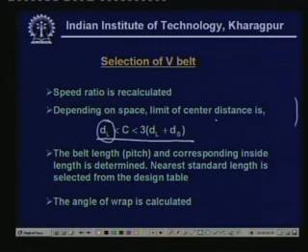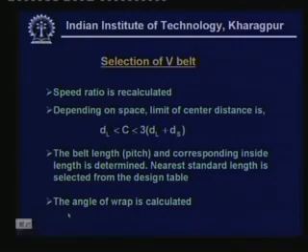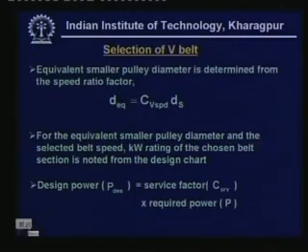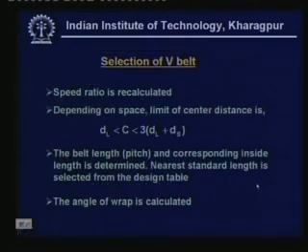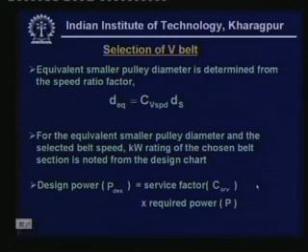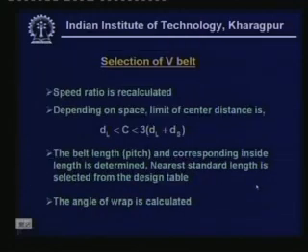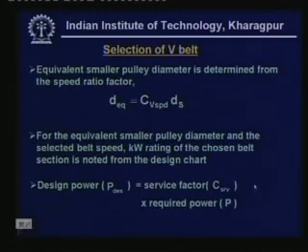So you know the values of C, you know the value of DL, you know the value of DS, so you should not find any difficulty in computing the belt length. Okay. Now, once you compute the angle of wrap, we go to the next part.